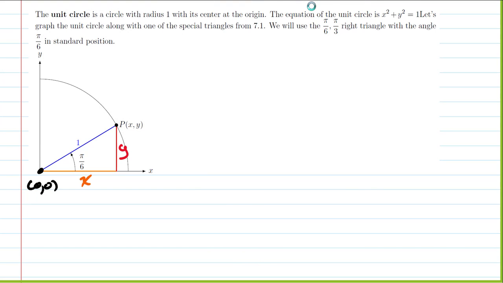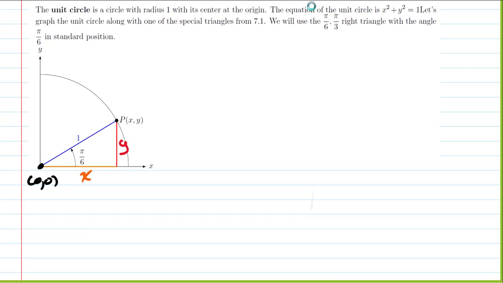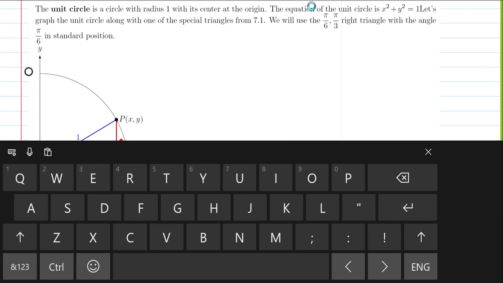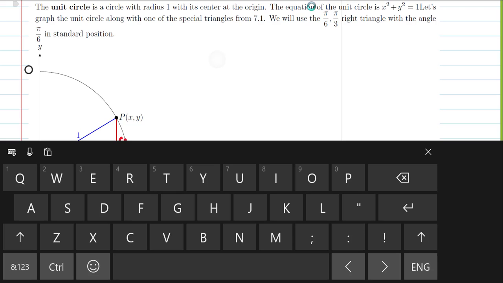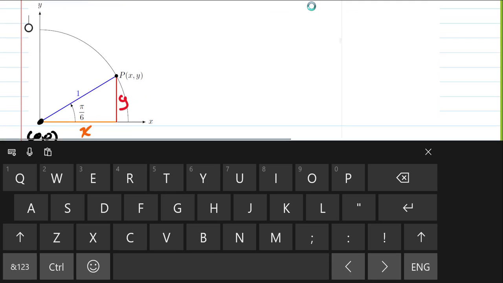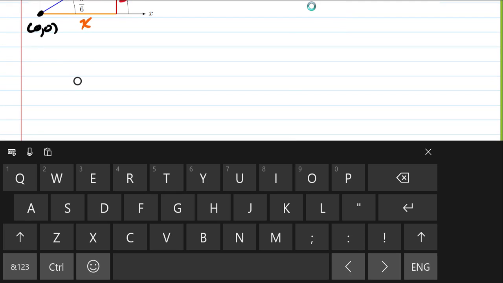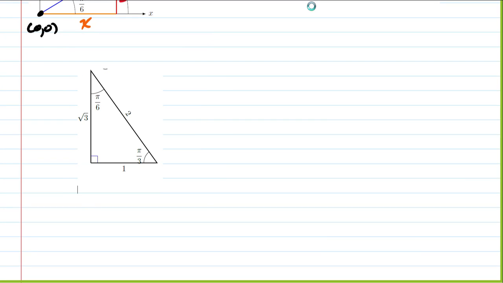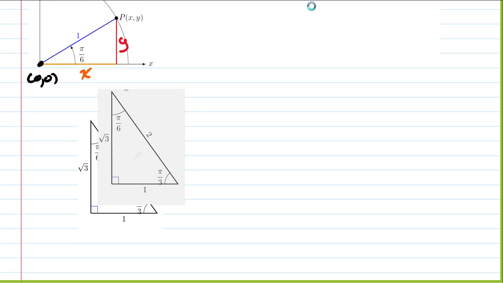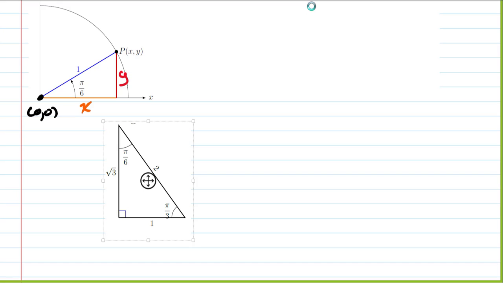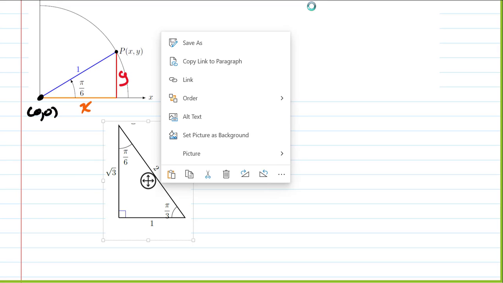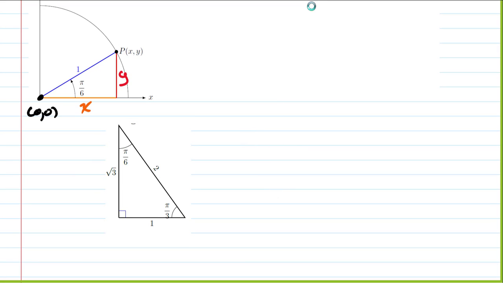So we've got this triangle right here. And we notice something. The hypotenuse of this triangle is 2, but since we're on the unit circle, what's the hypotenuse of the triangle in question? Well, it has to be 1.